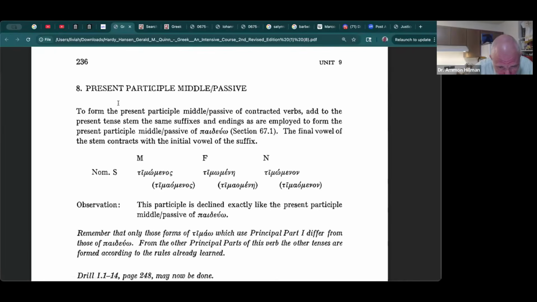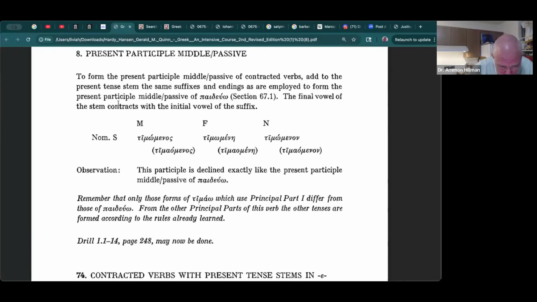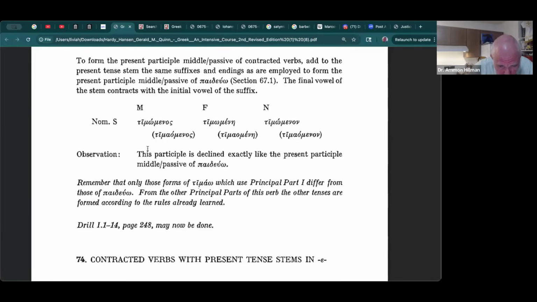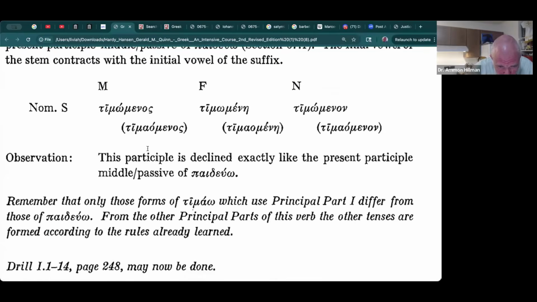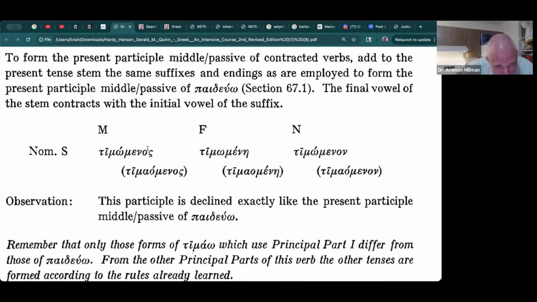Look at page 236. Those are the middles, right? Middle passive. Timomenos, timomene. Uh-oh. What happened there? Look at the participles here. Timomenos for that nominative masculine singular.